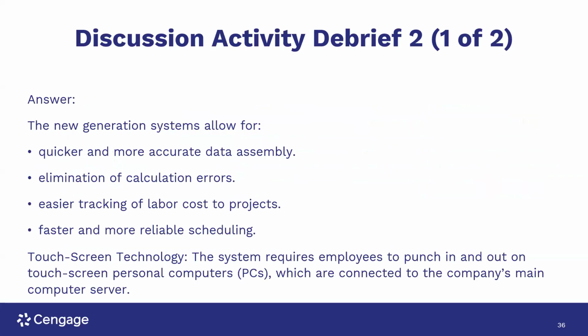And these new generation systems, especially being able to log in online on the employee's own computer or using a touch screen to sign in and out at the employer, are very convenient. The employers can assemble the data more quickly, eliminate calculation error, track more easily and faster, and it can be put in the scheduling.